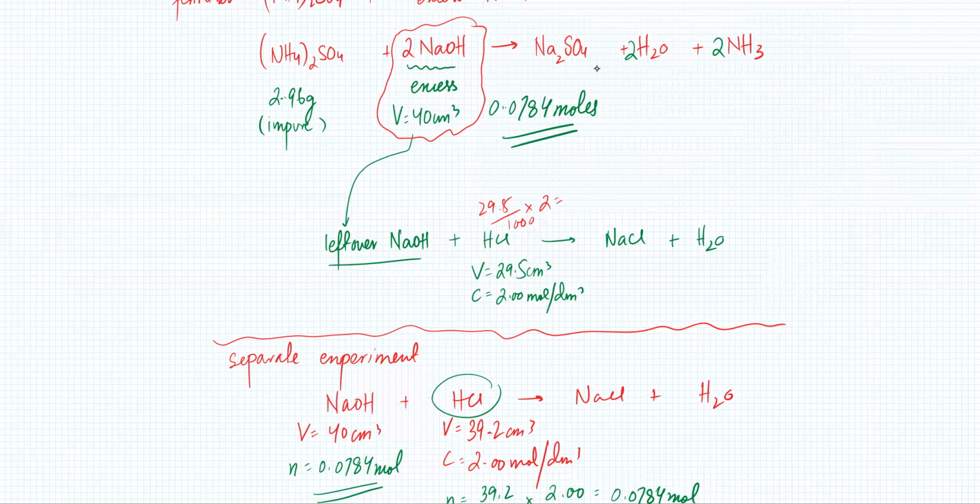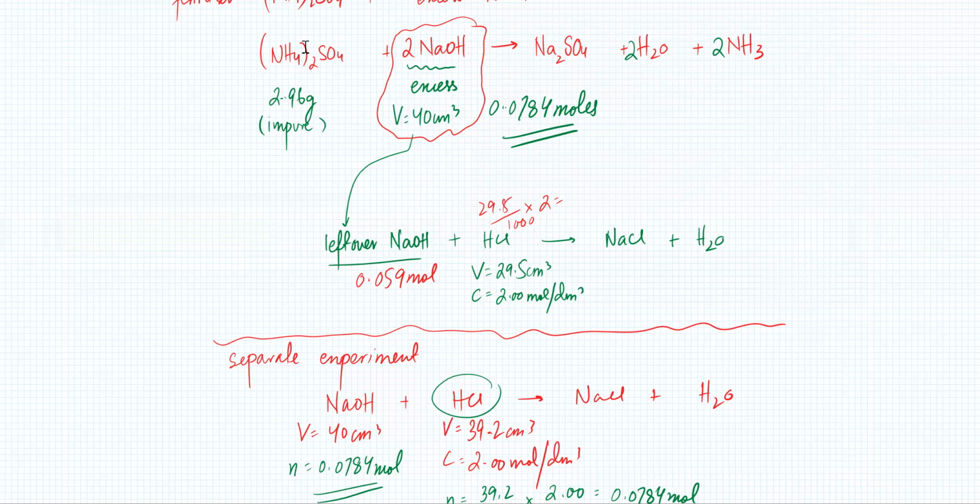What do we get? 0.059. So the NaOH moles would be exactly the same, 0.059 moles. It's 1:1. So now you found the moles of NaOH that you added initially to react with the fertilizer, and you've also found the moles which are left at the end of the reaction.